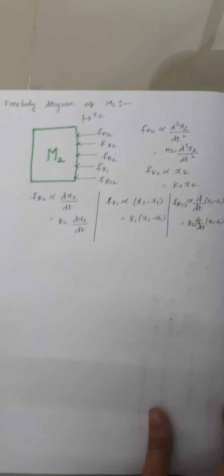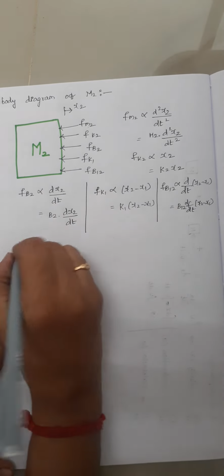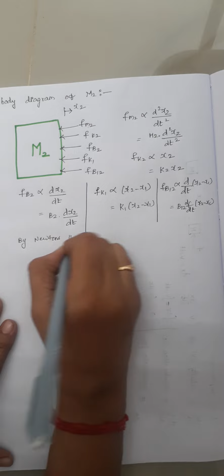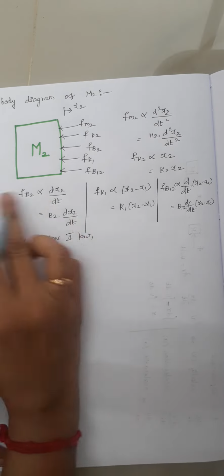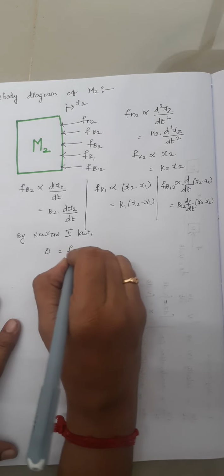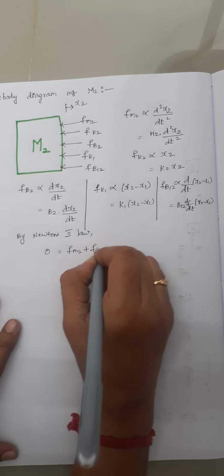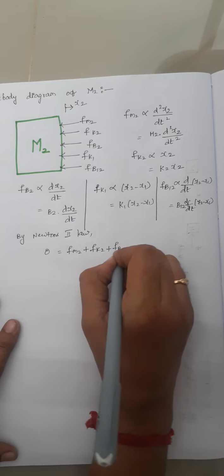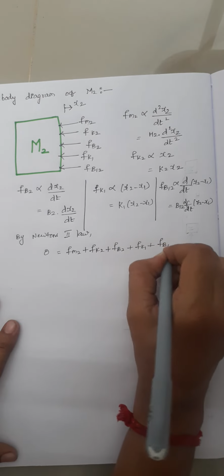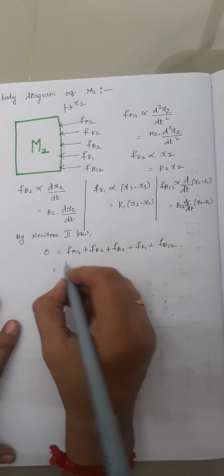Right. Now again by Newton's second law, we are writing there is no applied force here. So applied force is 0, which is equal to sum of opposing forces Fm2, Fk2, Fb2, Fk1 plus Fb12. So just substitute the respective values.